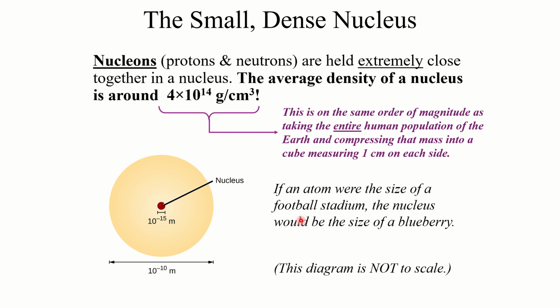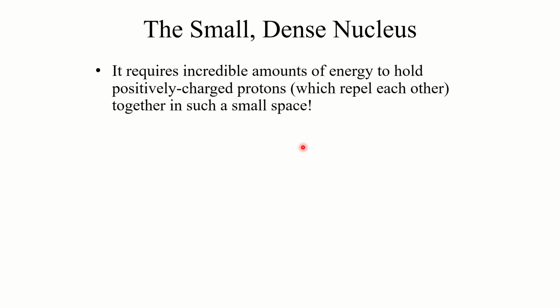A general fun fact that you may have seen in Gen Chem 1, if you took my course, is that if an atom were the size of a football stadium, the nucleus would be the size of a blueberry. Since the nucleus is so small and so dense, it requires incredible amounts of energy to hold these positively charged protons, which tend to repel each other, together in such a small space.